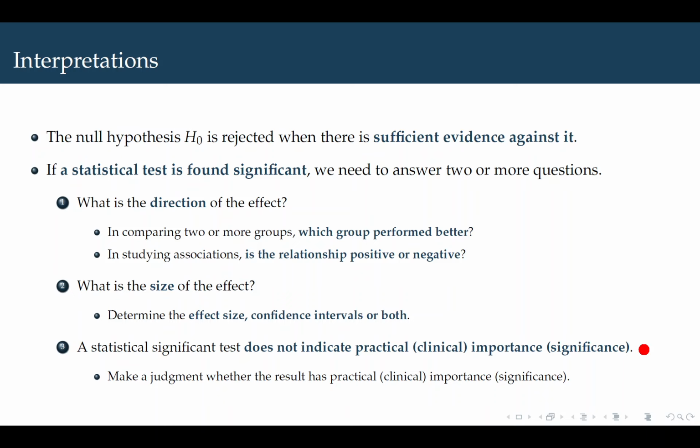To determine whether the statistical significance is actually clinically important, there should be a judgment, based on subject matter experts, whether the result has practical or clinical importance. But in general, statistical significance is not necessarily an indication of clinical significance or clinical importance.